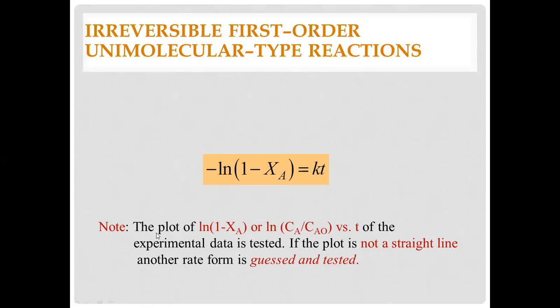What do you think is being asked of you to do? It's already telling you to test something. After you have guessed something, then you have to guess again if what you have tested does not conform to it. It says here, if the plot is not a straight line, another rate form is guessed and tested. What does this mean?